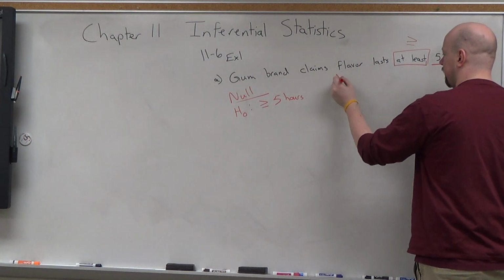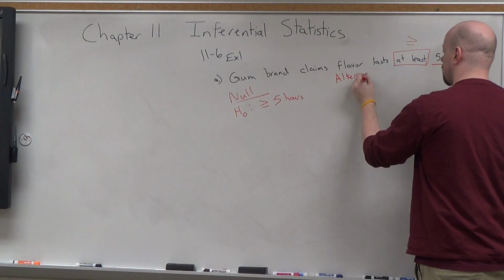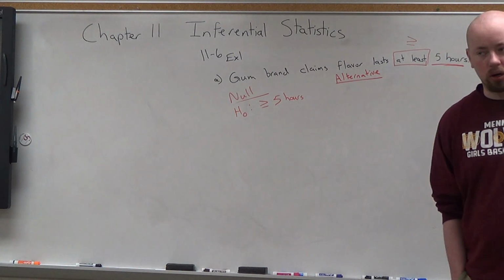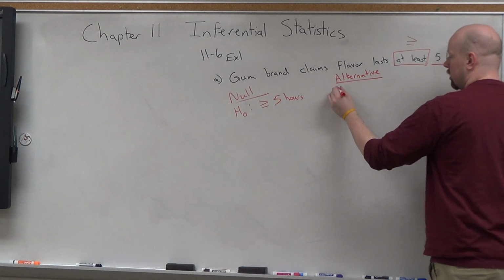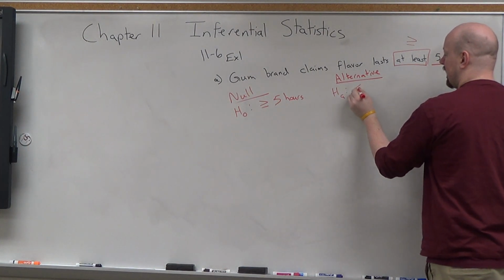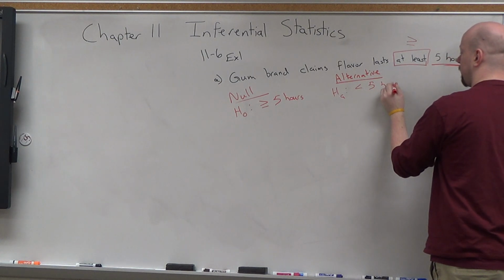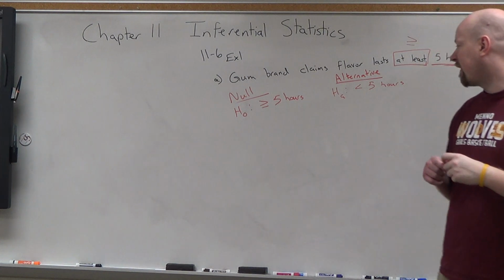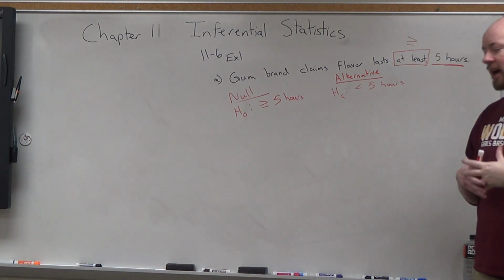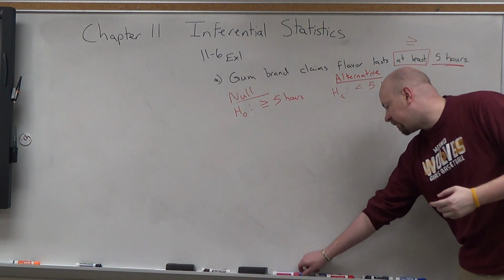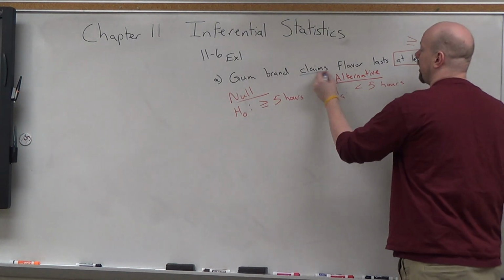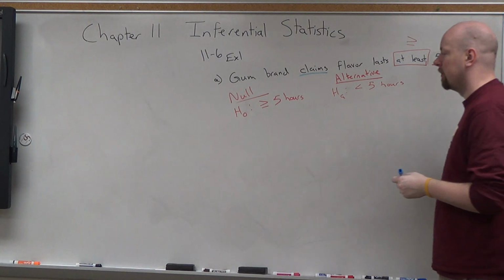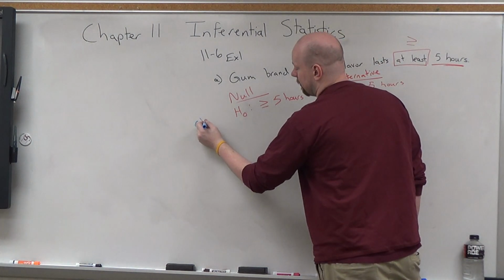So if the null is 5 hours or more, the alternative would be less than 5 hours. The null hypothesis and the alternative hypothesis work in conjunction together. Now the last thing we identify is the claim. The gum brand claims this, so in this case, is the null or the alternative my claim? This one would be my null.